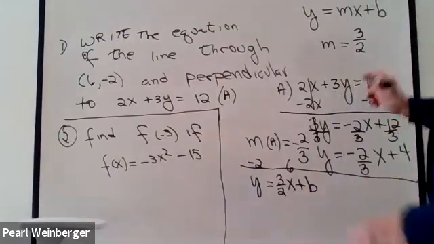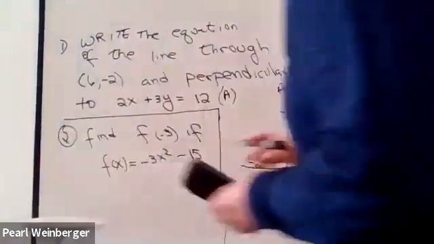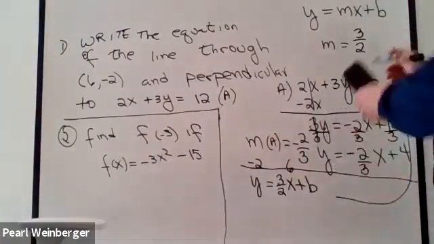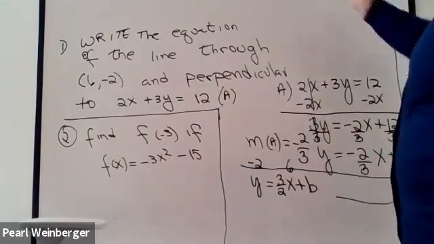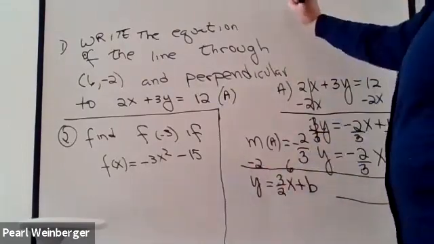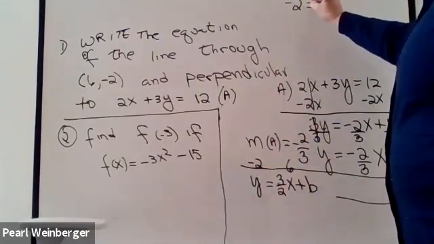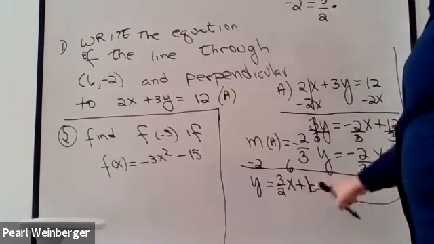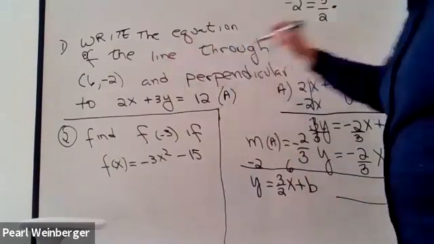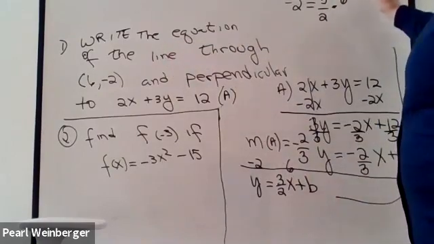So in place of y, I have -2 equals 3 over 2, that's my slope, times my x, which I know is 6 for this point, plus b.